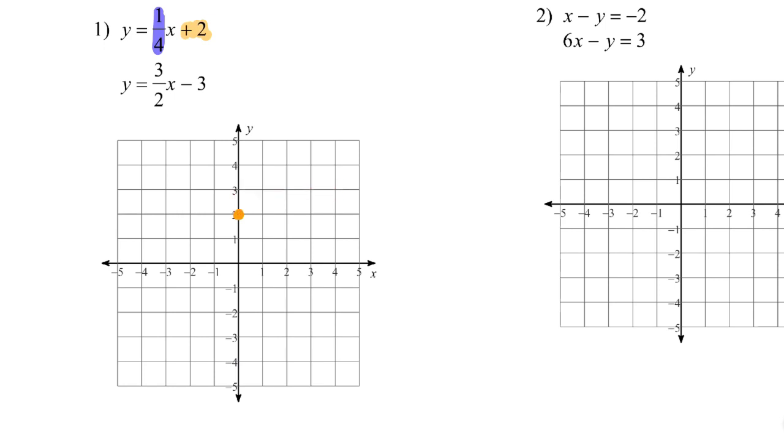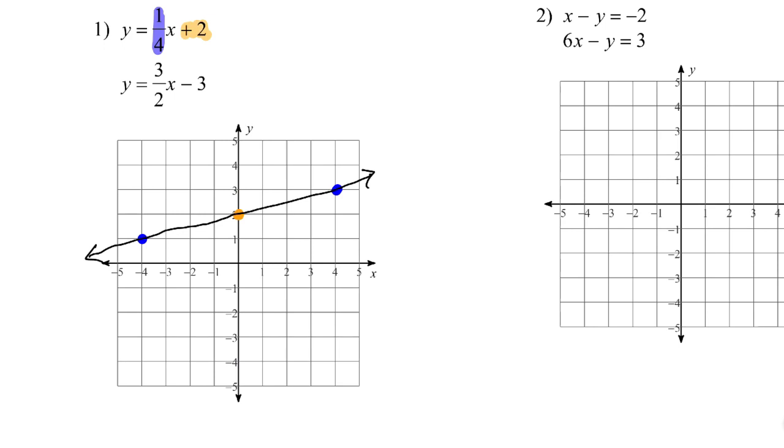We'll put another point there, and we can also go down 1 and to the left 4. Now I'm going to connect those with a straight line going right through those.